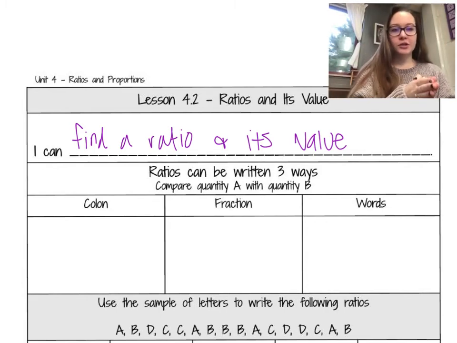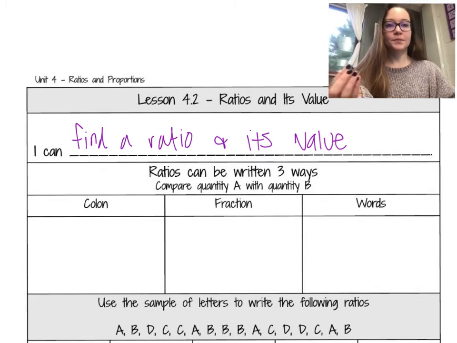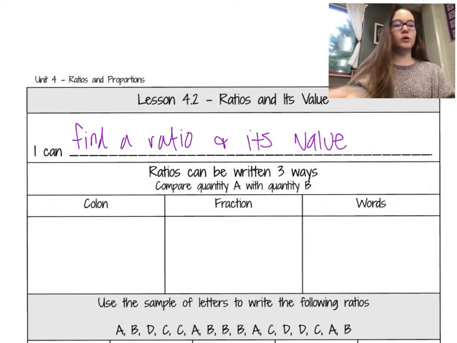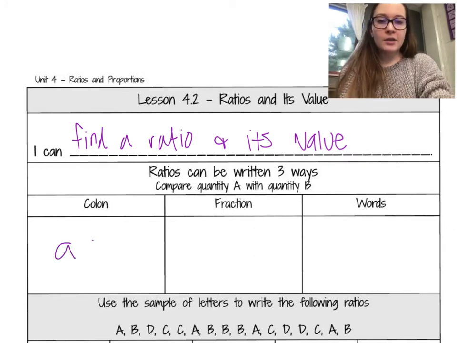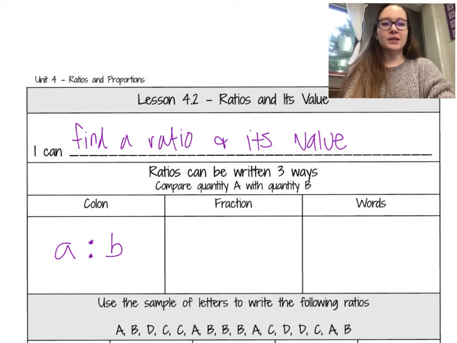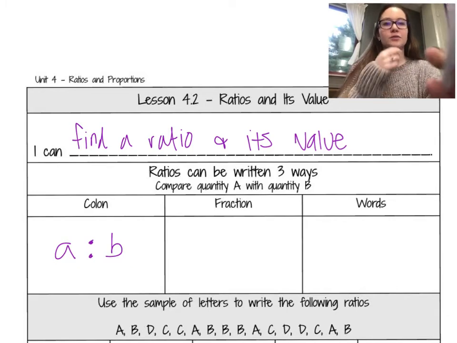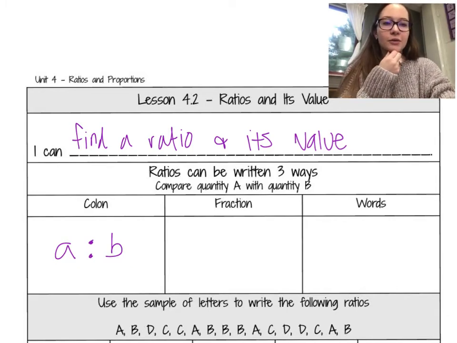So a ratio can be written one of 3 ways. It can be written with a colon, the 2 dots, so thing A compared to thing B. We read this as A to B, not the number 2, but T-O, A to B. I'm comparing them to each other. It can be written as a fraction, A over B, and yes, it has to be in that order.